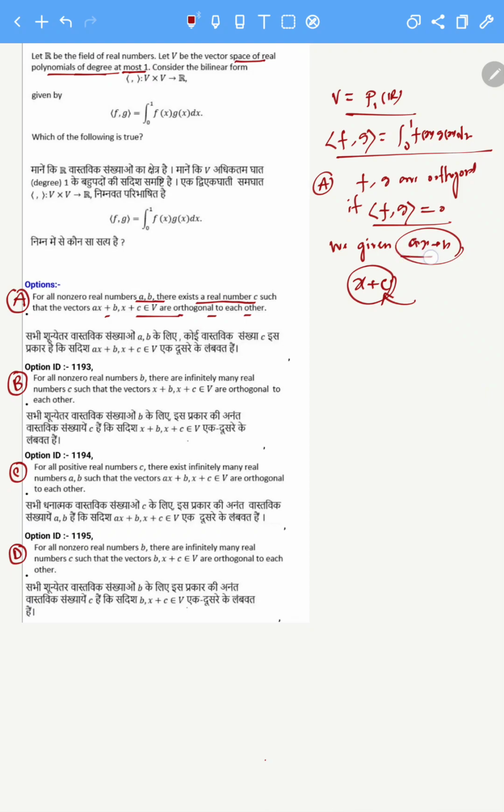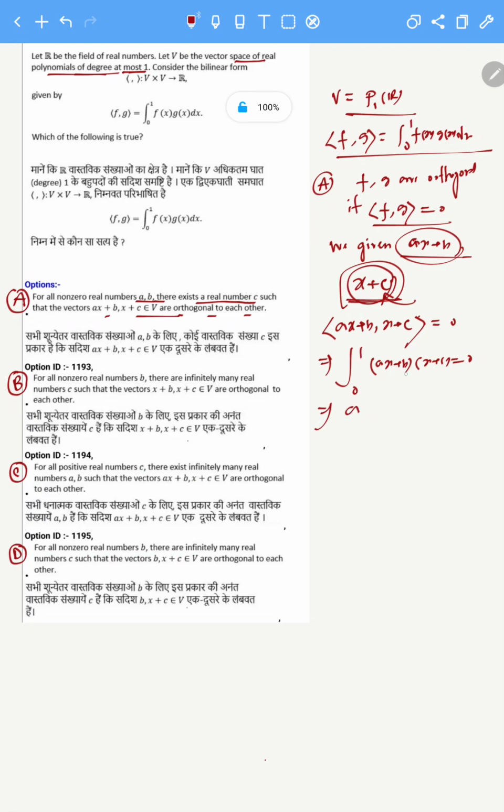So we have initially ax plus b. For this, whether there exists x plus c so that these two vectors are orthogonal to each other. Let us assume there exists x plus c. Then the integration from 0 to 1 of (ax plus b)(x plus c) equals 0.